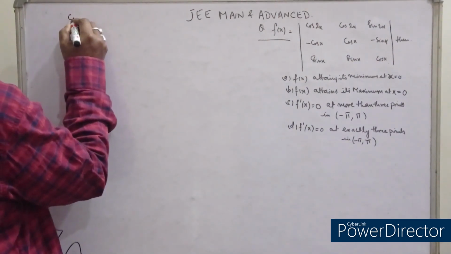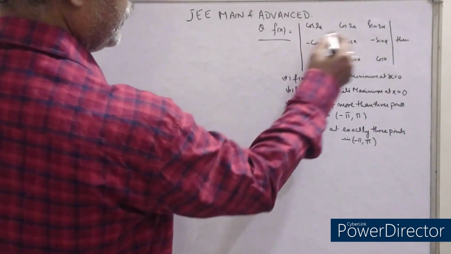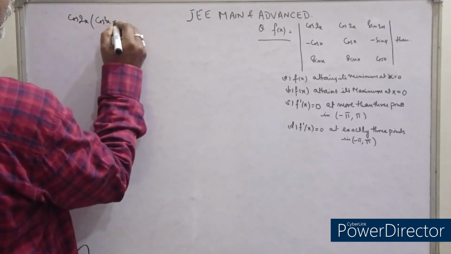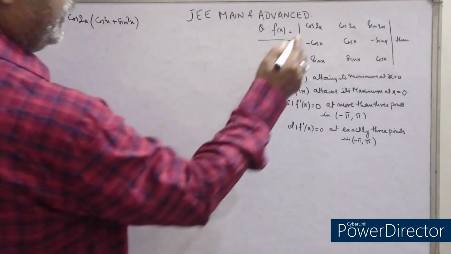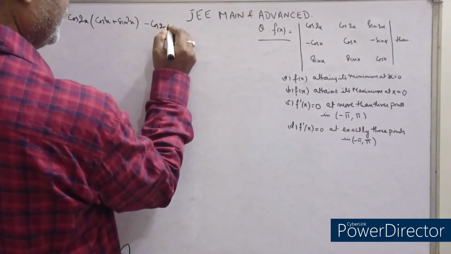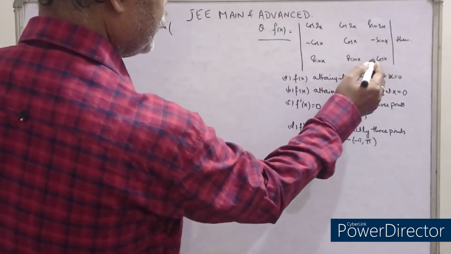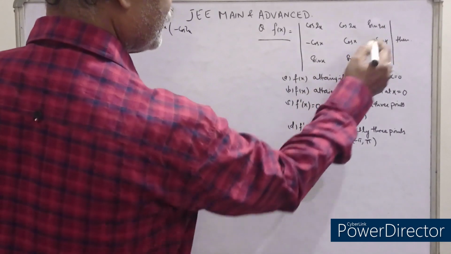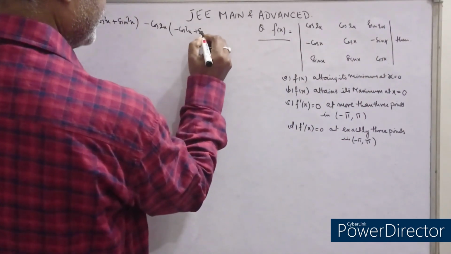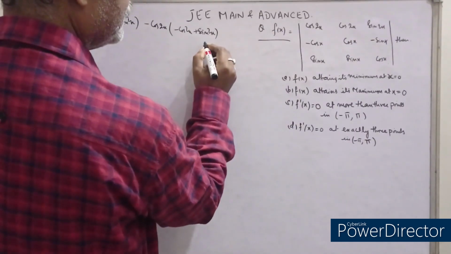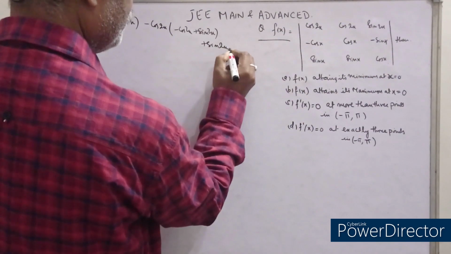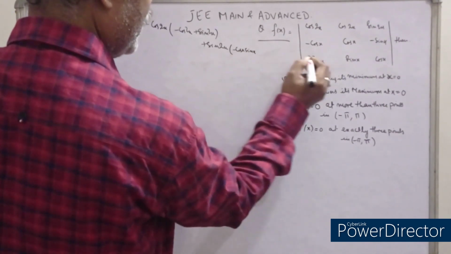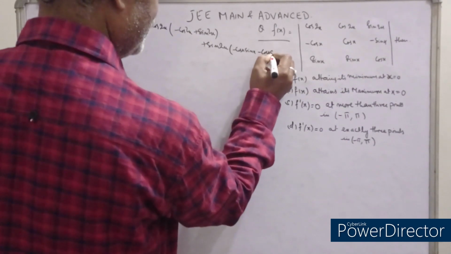That is cos 2x times cos square x plus sin square x, cos square x plus sin square x, and then minus cos 2x times minus cos square x, and at last plus sin 2x times minus cos x sin x and minus cos x sin x.